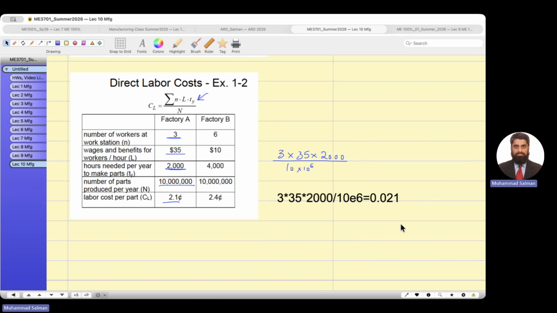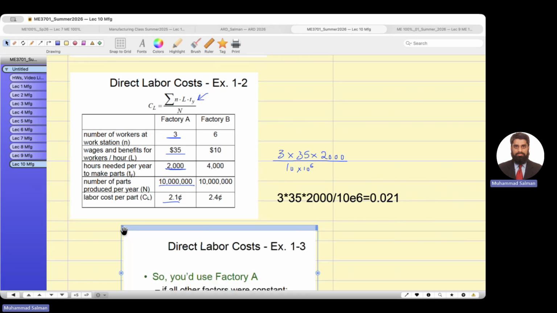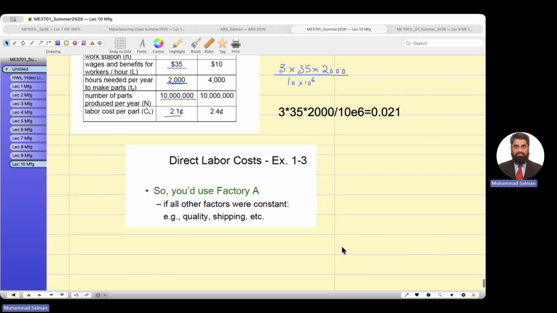Do you understand? So you would use factory A because you are saving 3 cents on labor cost on each part.